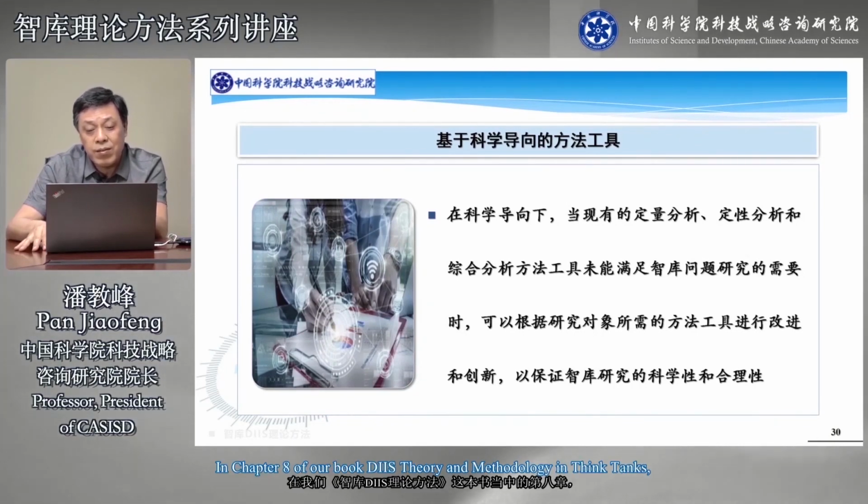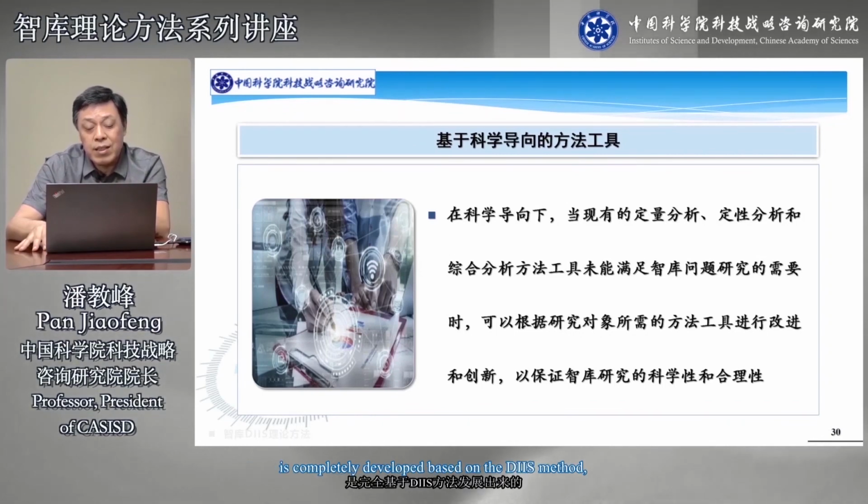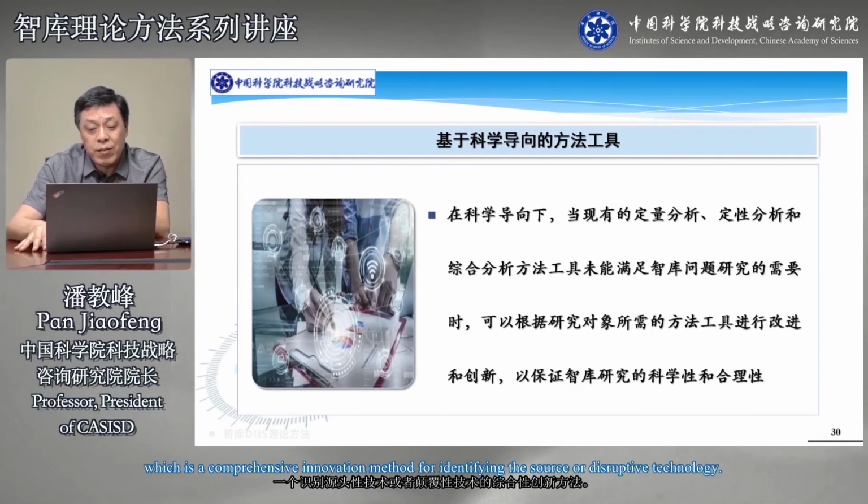In Chapter 8 of our book, DIIS Theory and Methodology in Think Tanks, the judgment tool of the method for the innovation of source technology is completely developed based on the DIIS method, which is a comprehensive innovation method for identifying the source or disruptive technology.